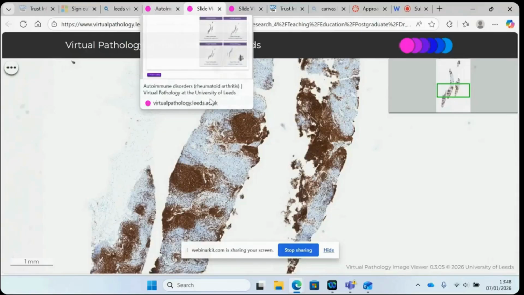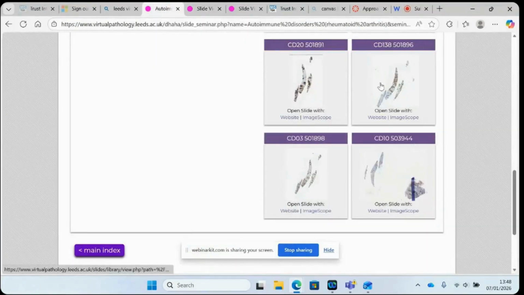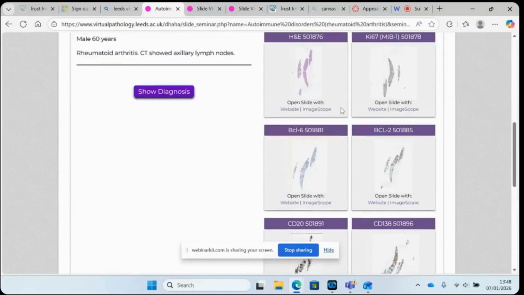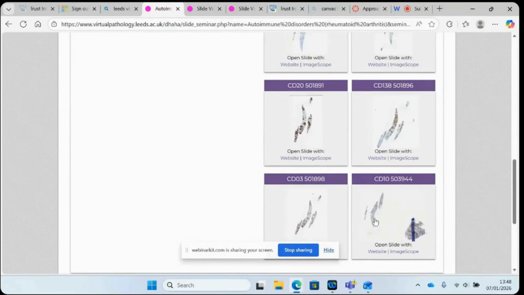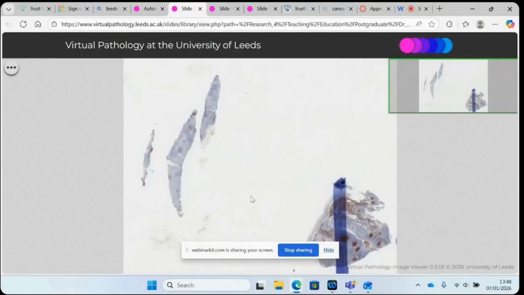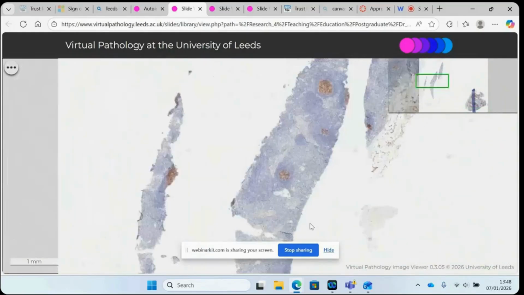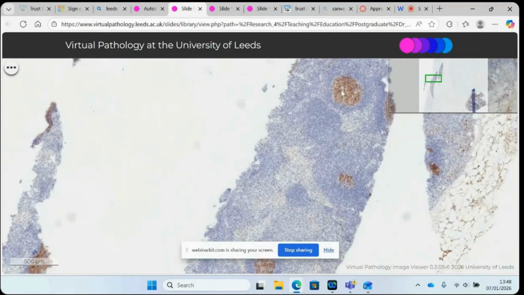And these areas should be CD10 positive and BCL2 negative. So let's look at the CD10 first. There's the CD10. That's the control down there. The CD10 is highlighting the germinal centers nicely.